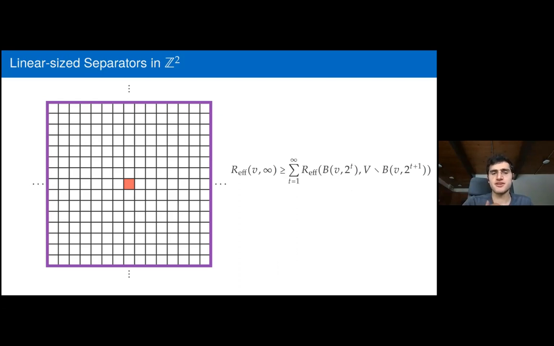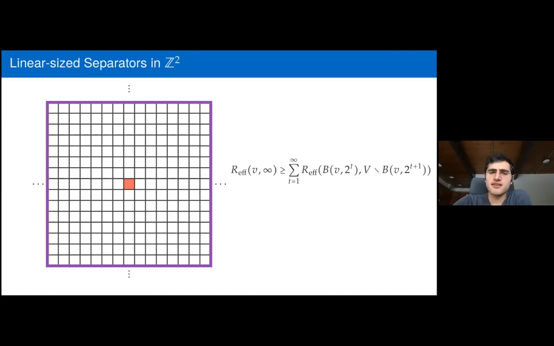Some other way to see this is to break up your flow into subflows from the boundary of the ball of radius 2 to the I to the exterior of the ball of radius 2 to the I plus 1. If you want to send a flow from infinity, you go first from the ball of radius 1 to 2, then 2 to 4, and so on.